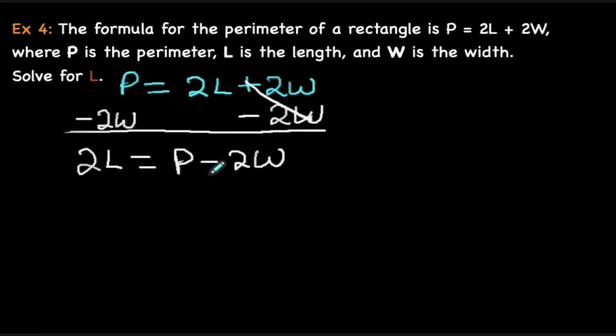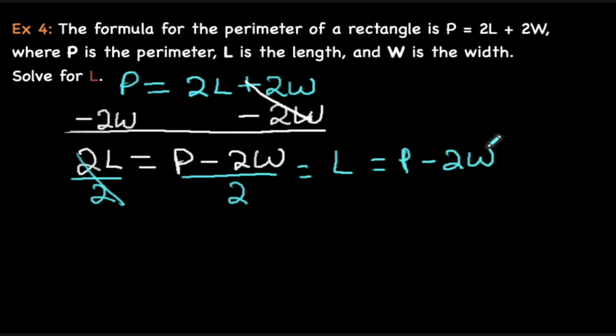So let's go ahead and do that. So notice the 2's cancel, and so we are left with L equals P minus 2W over 2. So this is one way that you can write this solution.